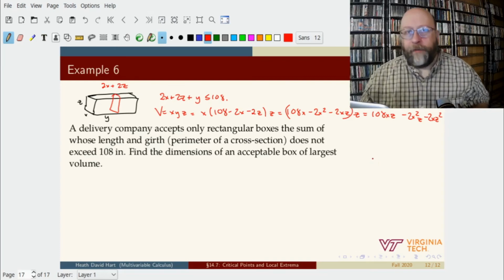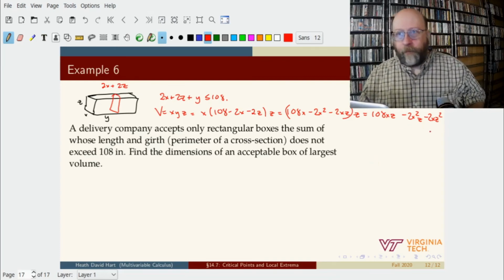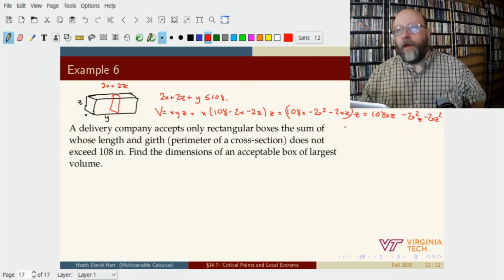All right, so that's our function. We want to find the dimensions of an acceptable box of largest volume.